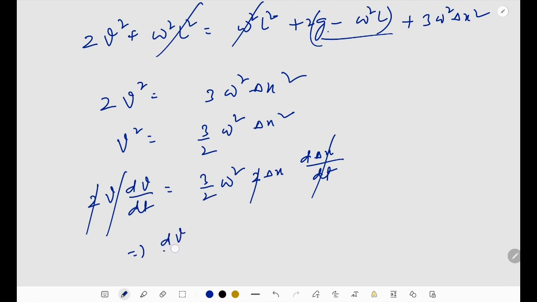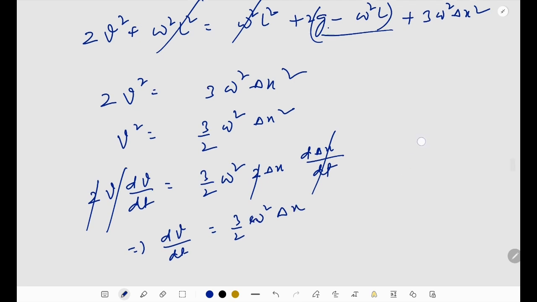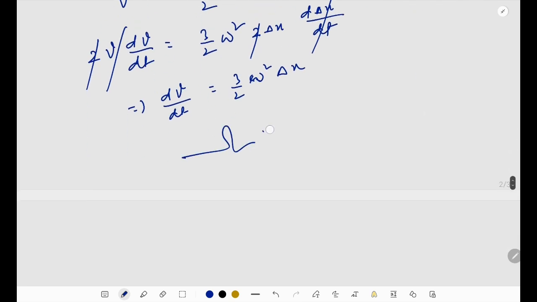Please keep it as dv by dt, and that will be equal to 3 by 2 omega square delta x, so that your angular frequency squared will be 3 by 2 omega square, so that this circular frequency will be the square root of 3 by 2 times omega.